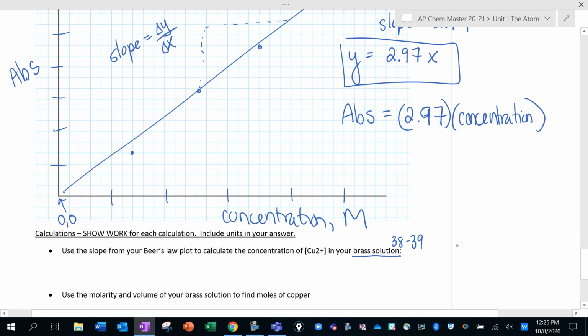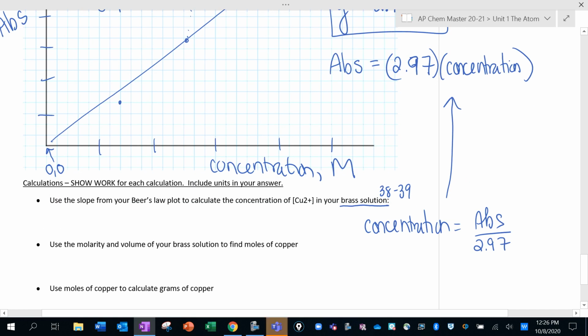So we could take this equation and rearrange it and say concentration is absorbance divided by 2.97. So if we know the concentration, we can calculate the absorbance, which is very cool. So you're going to use that absorbance to find the concentration.